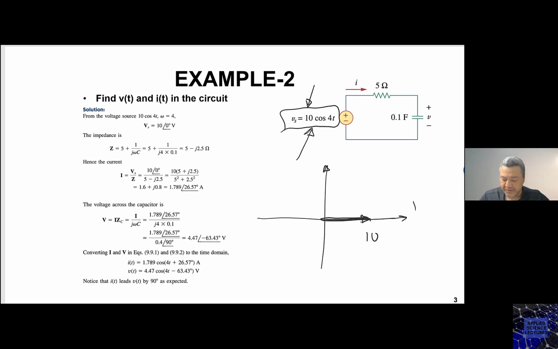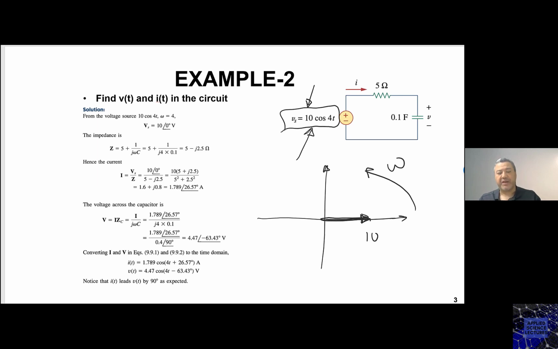However, this is going with an angular frequency of omega. So this is rotating. This periodic, sinusoidal signal is represented as follows: the amplitude here, the angular frequency, which is 4 here, radians per second, right? And the starting phase was 0.